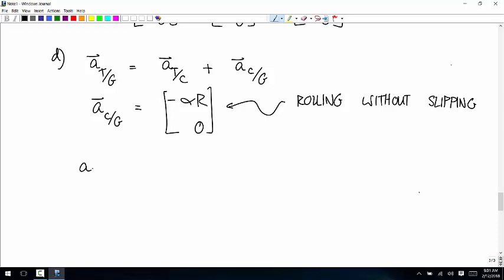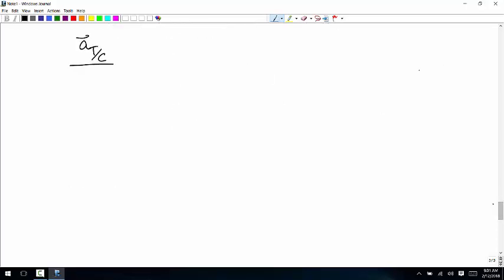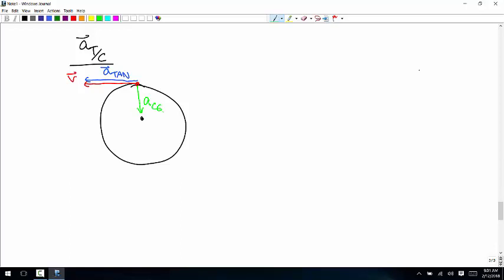And then the acceleration of the top relative to the center. There's two components here. The velocity is this way. The tangential acceleration is that way. The centripetal acceleration is this way.